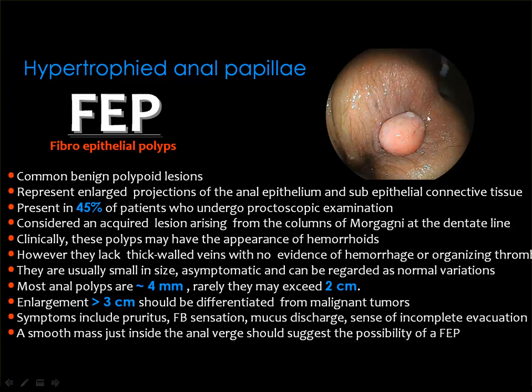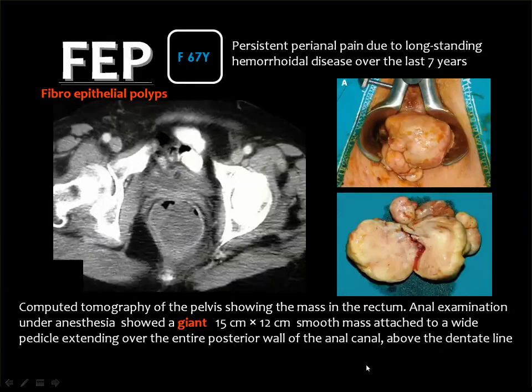This is the gross appearance of the polyp. And this is what is considered a giant polyp, which is about 15 by 12 centimeters in diameter. The polyp has a smooth surface with lobulated outline and a wide pedicle attaching it to the anal canal wall.